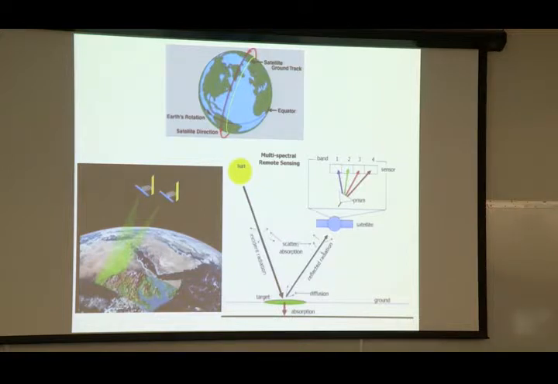And if you've got a satellite with a really wide field of view like this, the radiation that's bouncing off at the edge of the image is passing through a lot more atmosphere than that directly underneath the sensor.